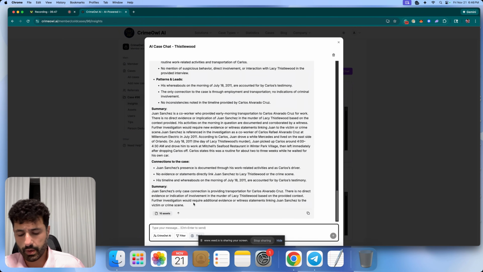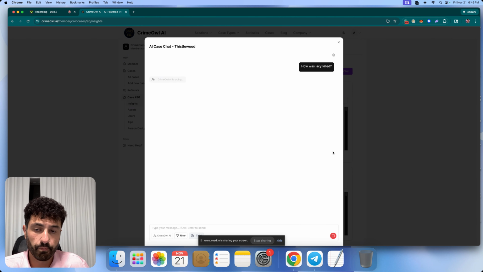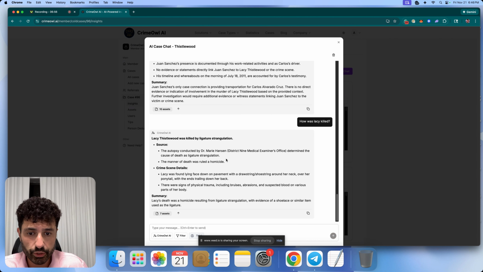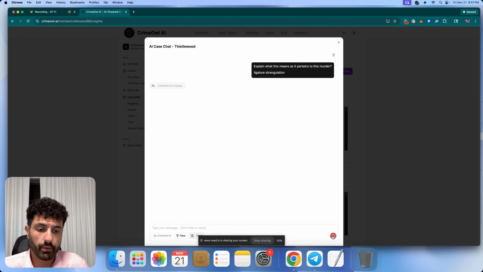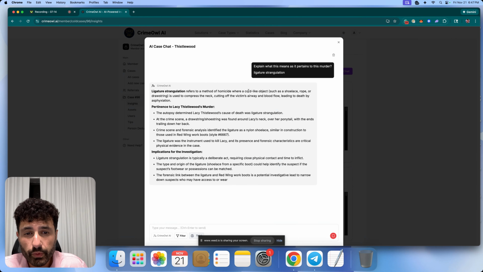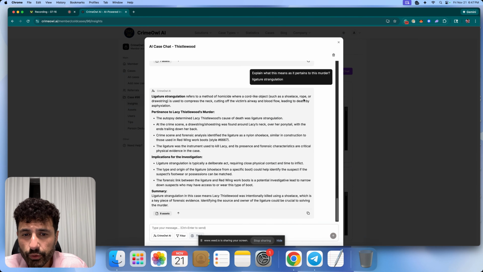Okay. How was Lacey killed? Ligature strangulation. Explain what this means as it pertains to this murder. Such as a shoelace, rope, or drawstring found around Lacey's neck over a ponytail, similar to those used in Red Wing work boots.